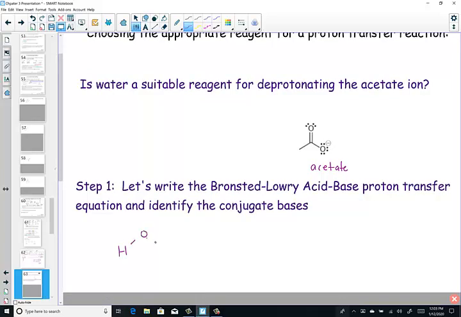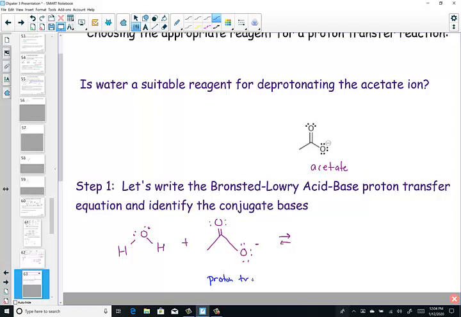So we have a water molecule, HOH, and it's going to be in dynamic equilibrium with the acetate ion. And there's the negative charge. So remember, Bronsted-Lowry says a proton transfer will occur. And that's our whole chapter, right? Thus far till we get to Lewis.